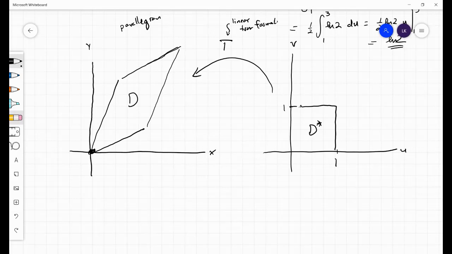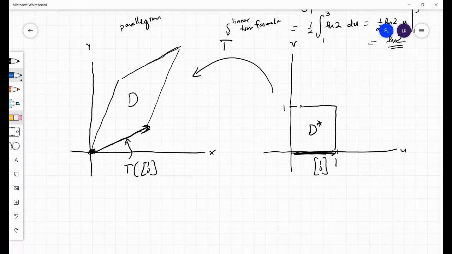And why is this linear transformation especially easy to find? Well, you can use your knowledge of linear algebra. If you take the standard basis vector (1, 0), it should map to this vector. So this should be the transformation of (1, 0). We're taking this vector and applying a transformation so that it becomes this vector in the xy plane.